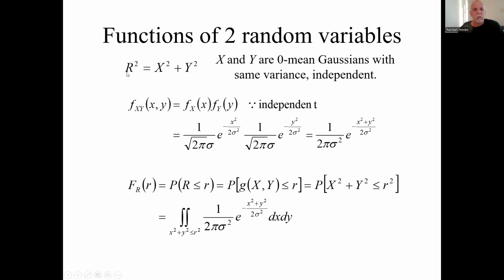So this r is a function of two random variables, x and y. This is the case of a dart throwing problem. X could be the horizontal miss distance and y the vertical miss distance. Now we'll assume that x and y are both zero mean Gaussians and they have the same variance.